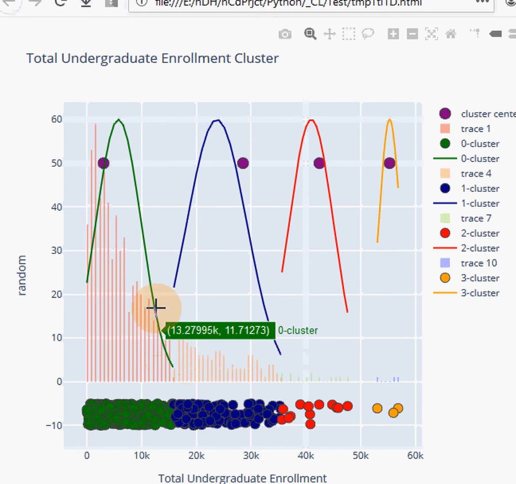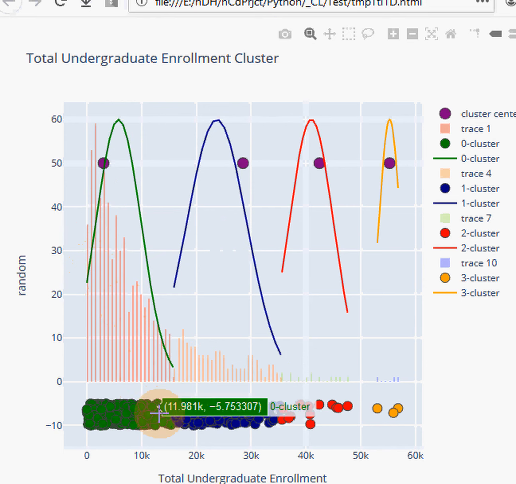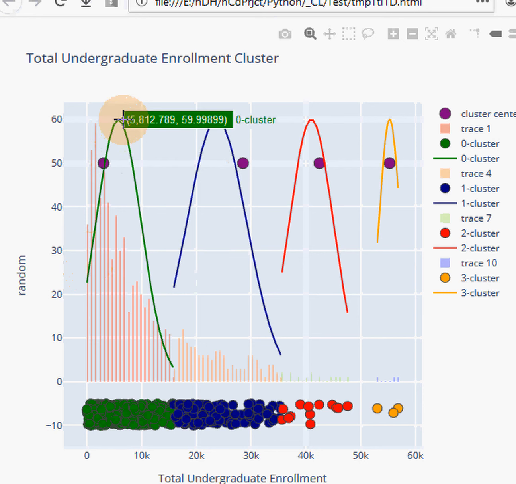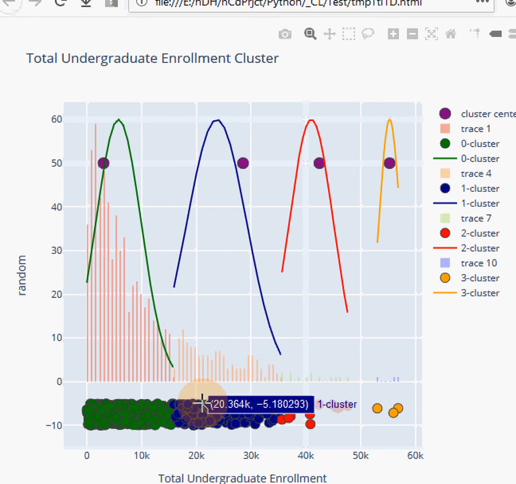And the normal distribution curve I drew over here is based on all the institutions inside this cluster, all the institutions that fall under this green cluster. We calculated their mean and standard deviation, and then we plot the curve and draw the normal distribution.